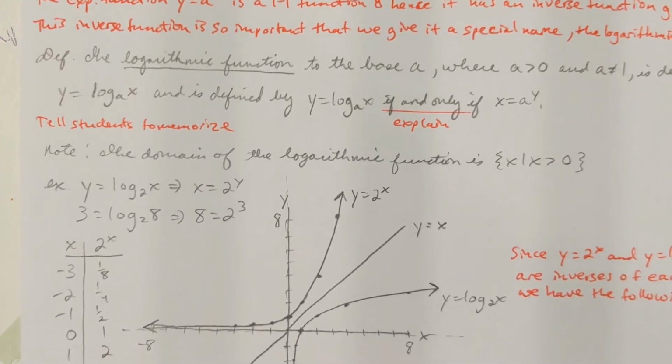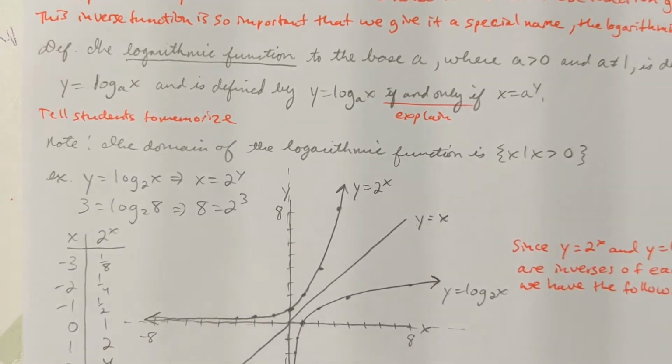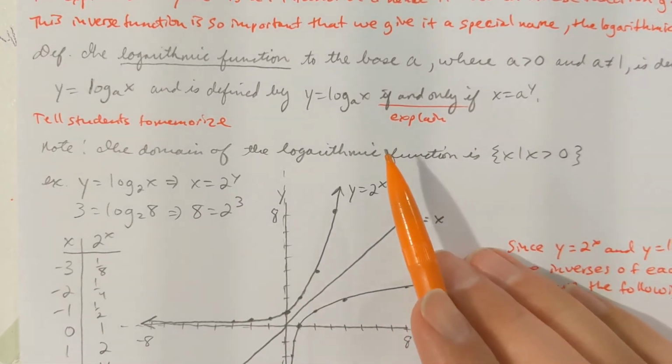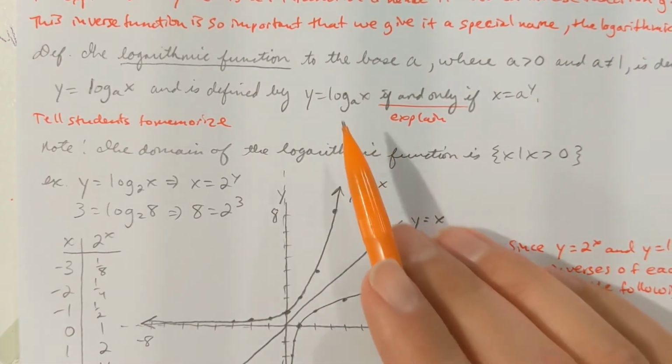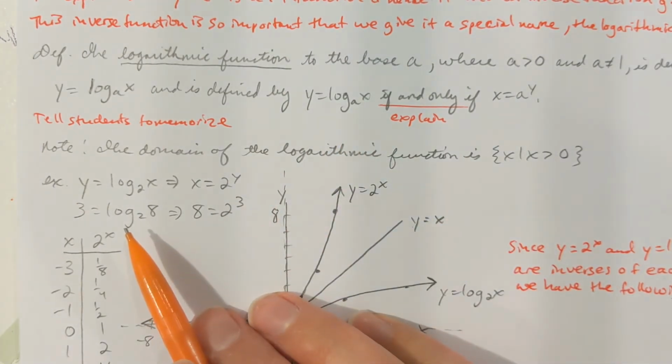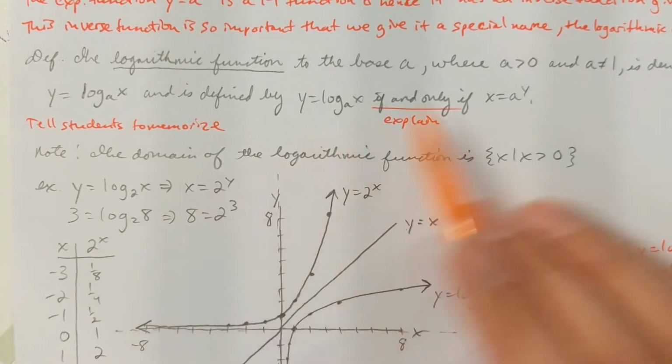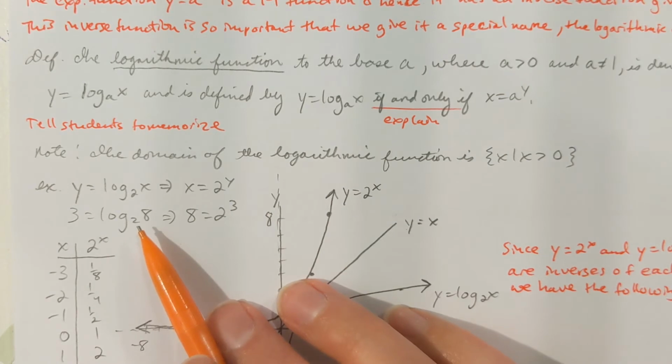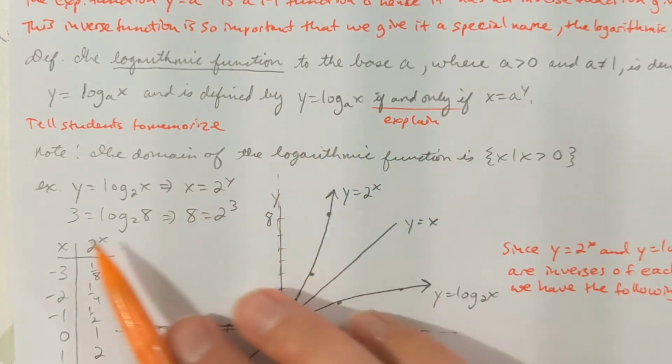Now, if we look at an example, suppose that we have this equation here, y equals log base a of x, and I'm going to assign specific values to a, x, and y. The base has to be positive, I mentioned. So suppose that we have base 2. And suppose that x is 8 and y is 3.